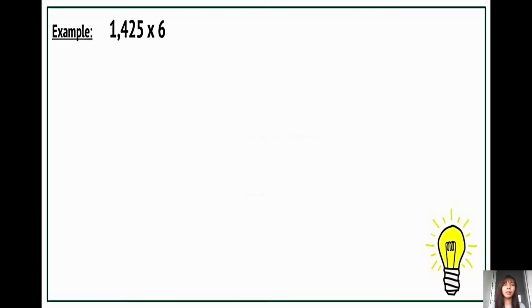Alright? Okay, so what if the given numbers don't have zeros? Let's say 1,425 times 6. It will be easier for you to multiply if you write it vertically like this. 1,425 times 6.